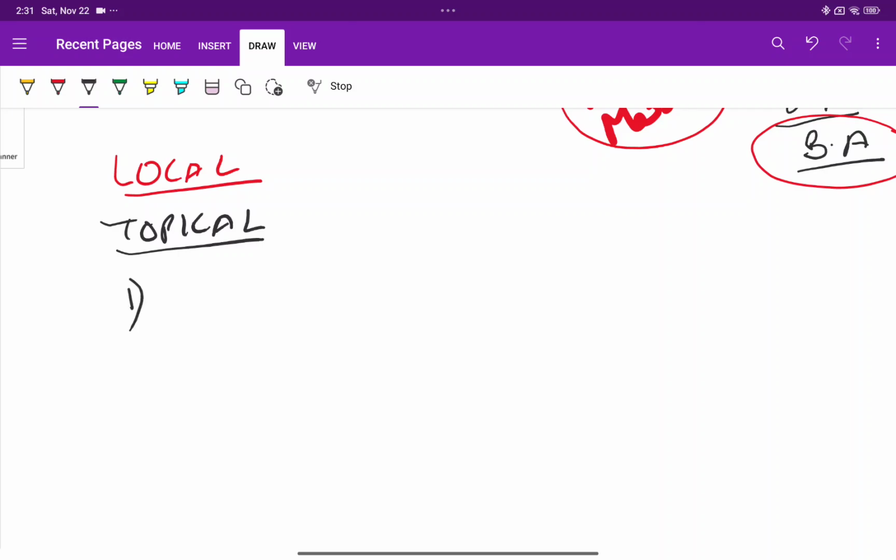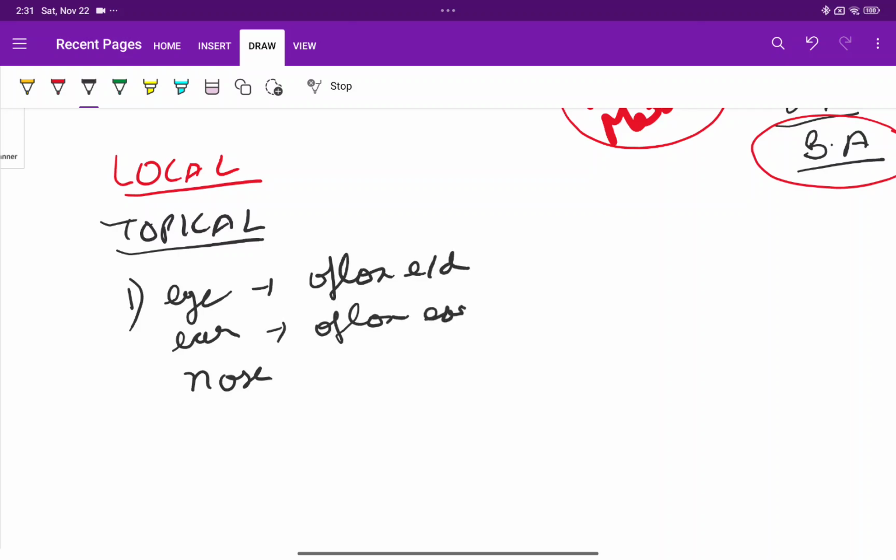Example, drugs administered through the eye, ear, and nose. Example, ofloxacin eye drops for conjunctivitis. For the ear, we can give ofloxacin ear drops, gentamicin ear drops.